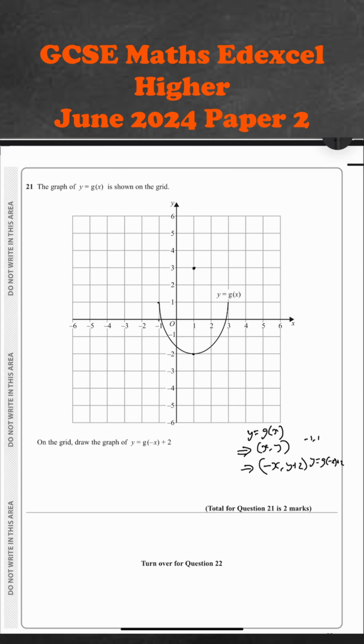It's completely flipped. And then lastly, I'll look at this one. We've got 3, 1 is going to go to minus 3, 3. Now I've got these 3 points, we can draw the curve, which I'll try and do my best on. So it's shifted up 2 spots and it's been reflected in the y-axis.